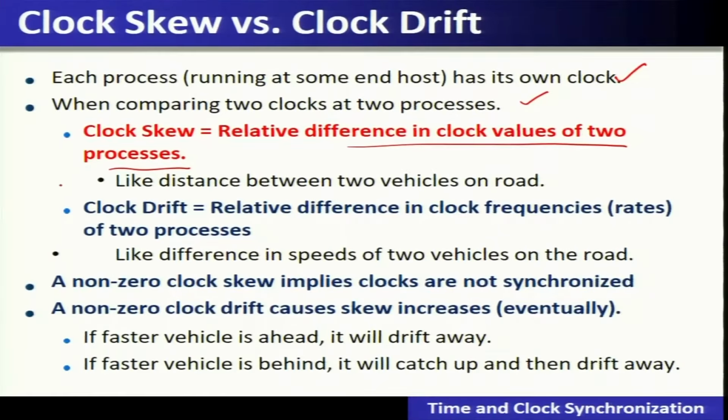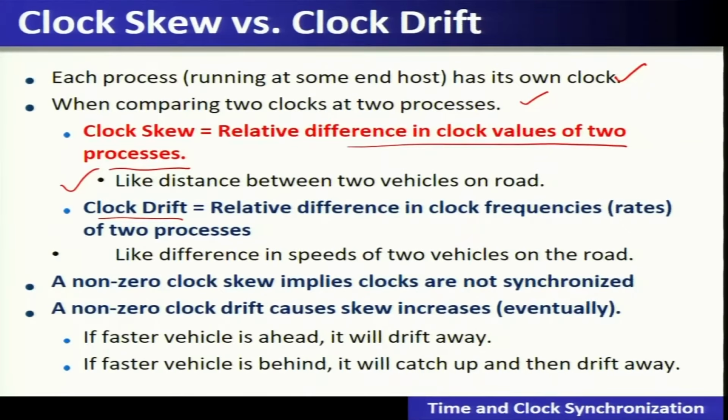Similarly, you can understand that the distance between 2 vehicles on the road is called a skew. The other concept is called a clock drift. The relative difference in the clock frequencies or the rates of the 2 processes is called the clock drift. You know that there is a quartz crystal running the clock at different rates or frequencies.